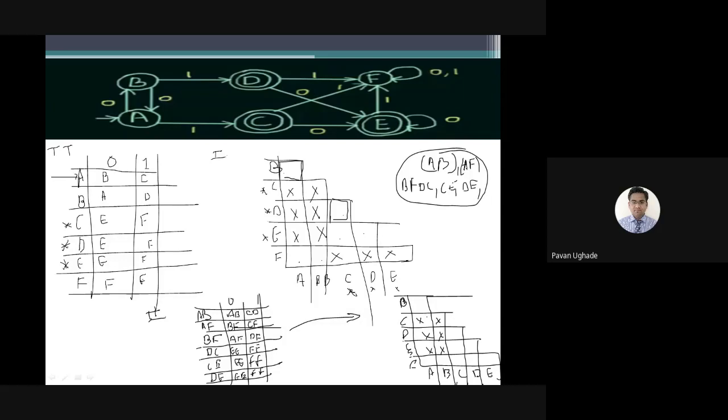Here also C, D, E, 6 states: 1 2 3 4 5 6.